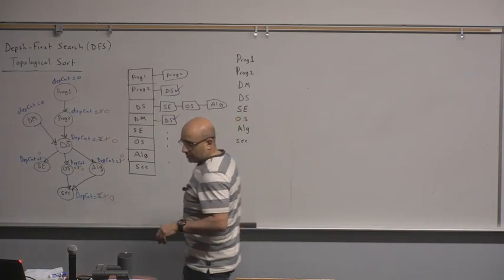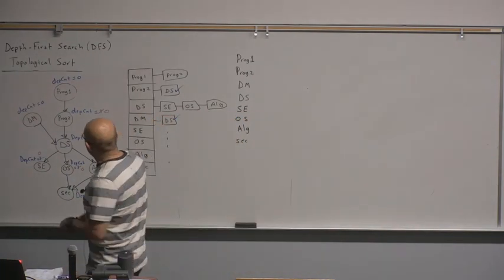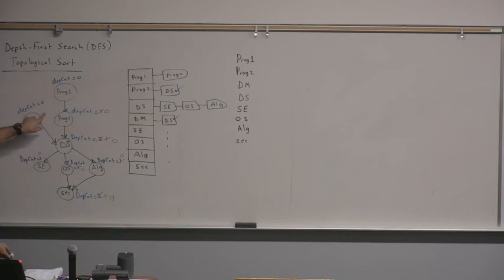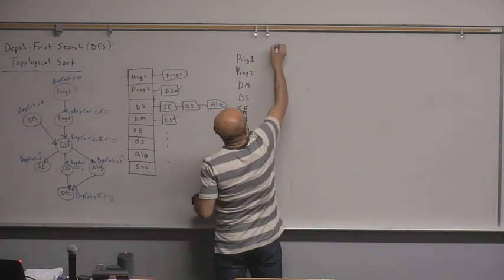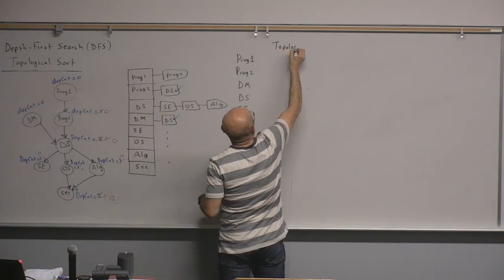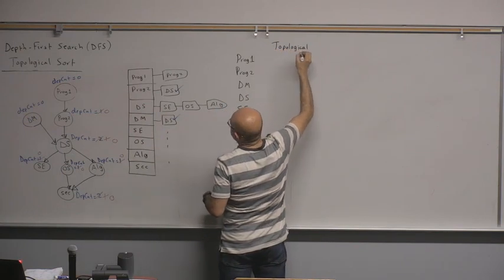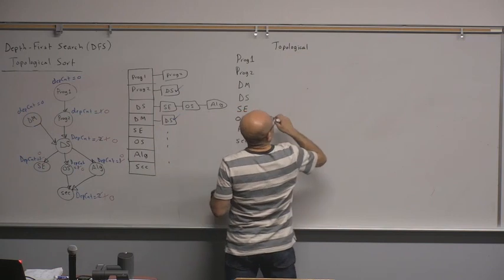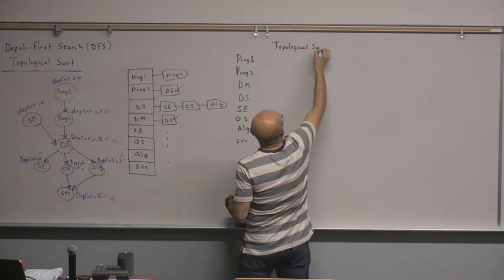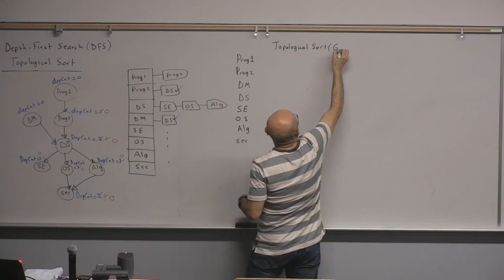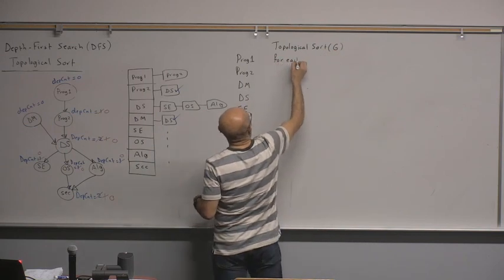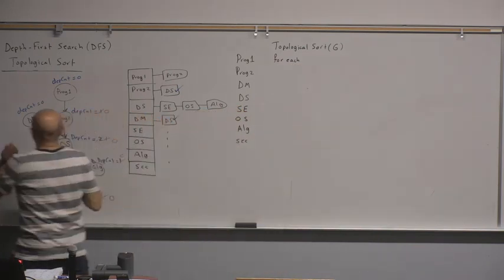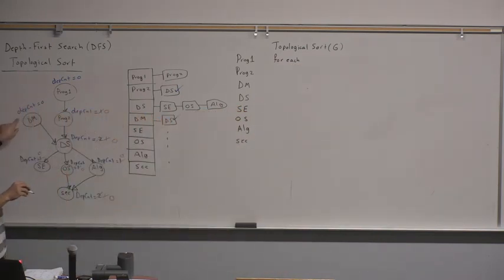Okay, so now, how do we translate this into code? First of all, we have to find the dependence counts. So let's call it topological sort of G. So first, in order to compute the dependence count, we first have to initialize the dependence count of every vertex to 0.